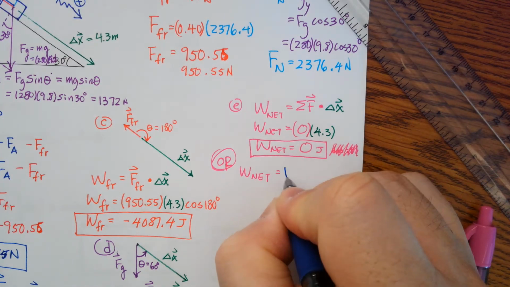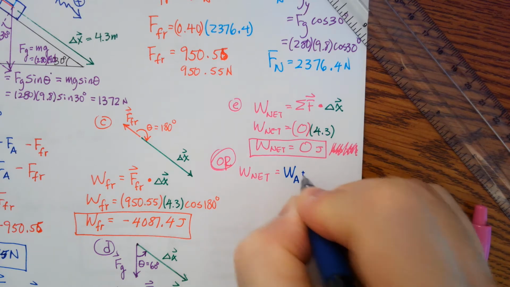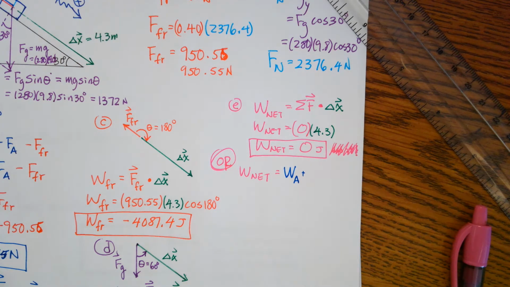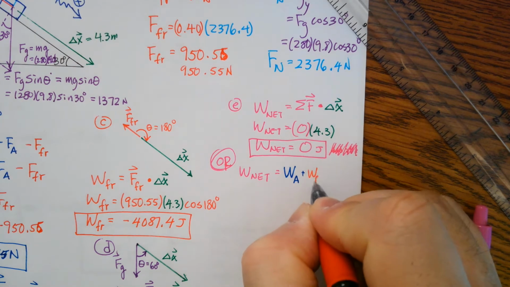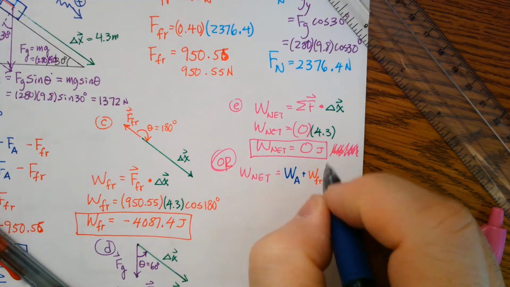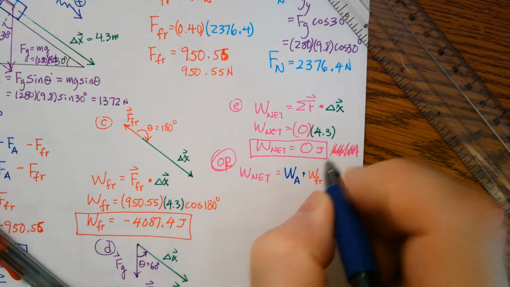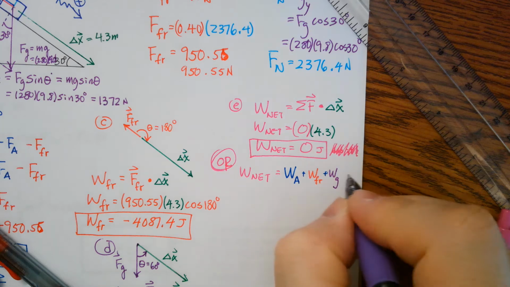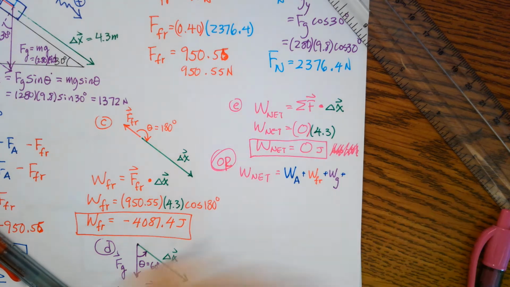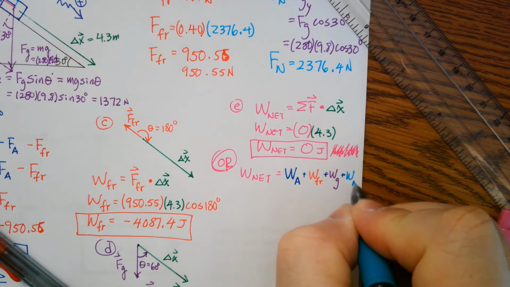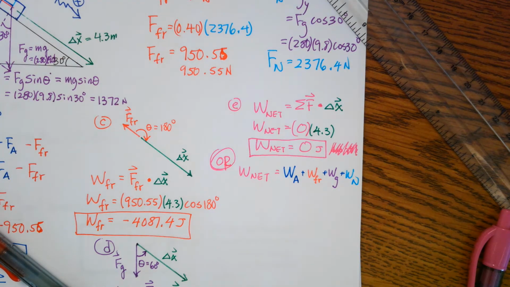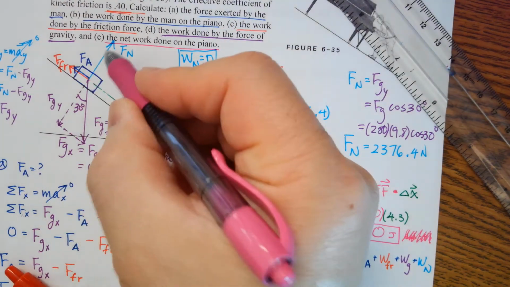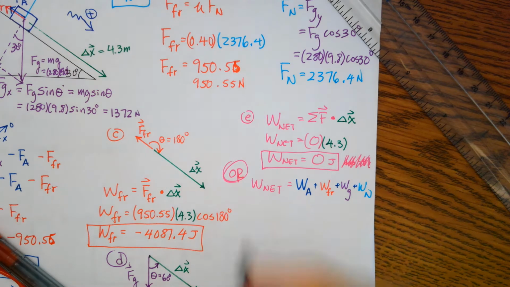So we have work done by the applied force plus work done by friction, plus work done by gravity, plus work done by F normal, which is 0. So that is work done by all 4 forces.